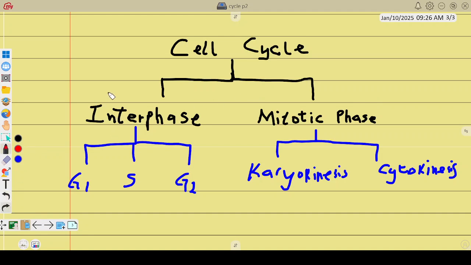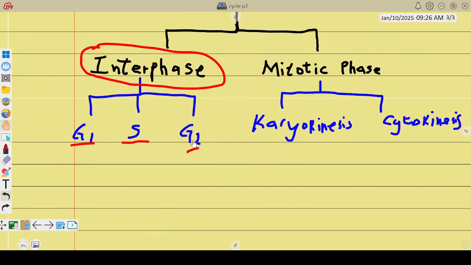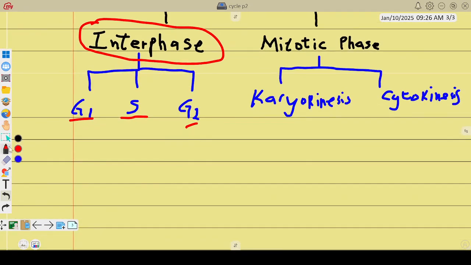Just a quick recap on what was discussed last time. We looked at the cell cycle and we looked at interphase. Interphase is made up of the G1, S, and G2 phases.